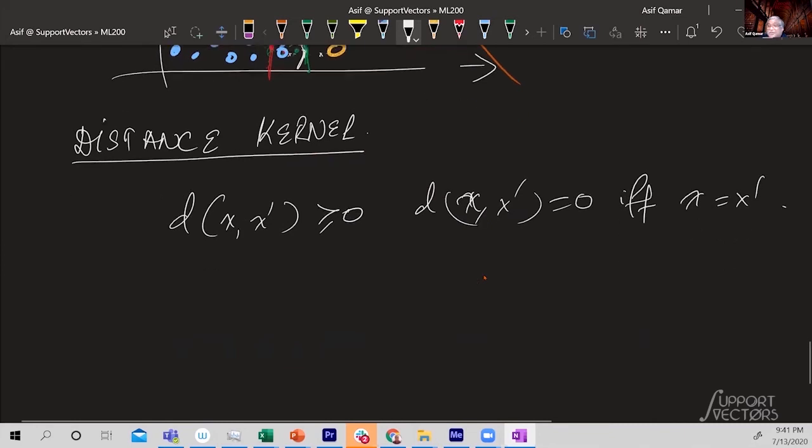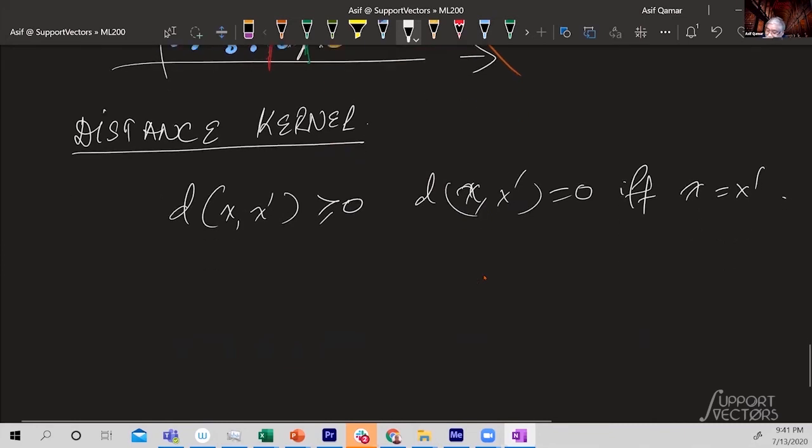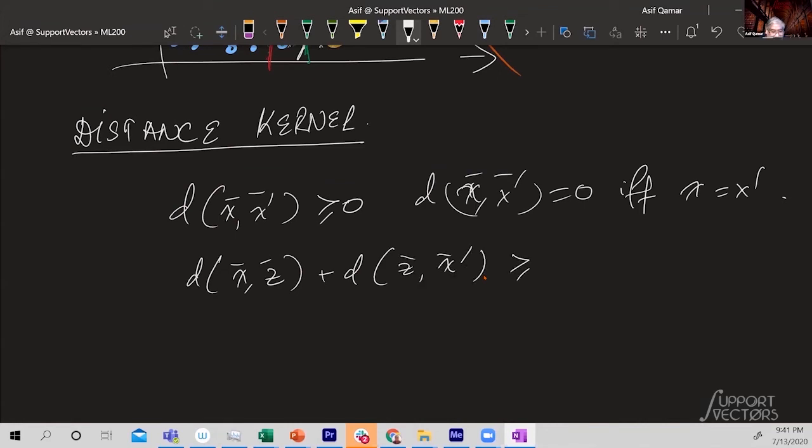And just recapitulating what we said is the definition of distance. Furthermore, we said that there's a triangular inequality: the distance from x to some other point z, a detour, plus the distance from z to x prime, will always be more than or equal to the direct distance from x to x prime.